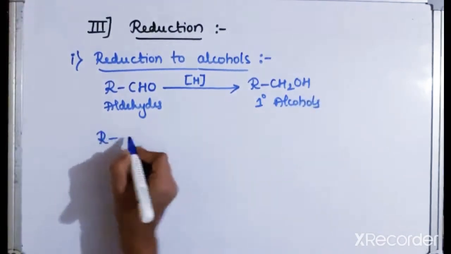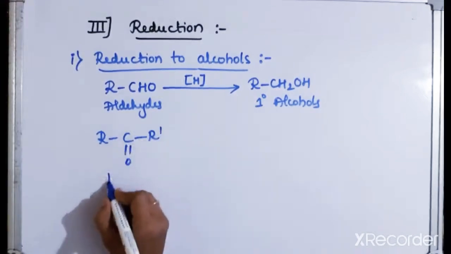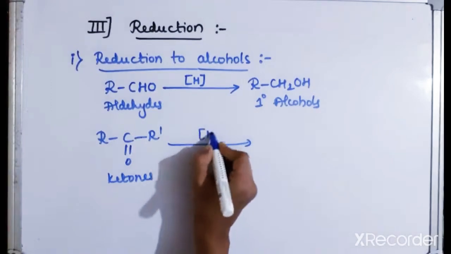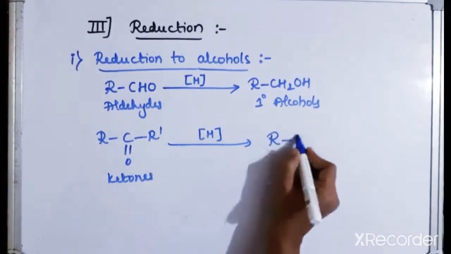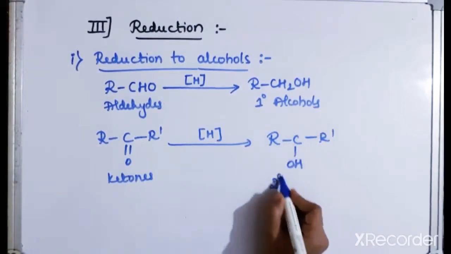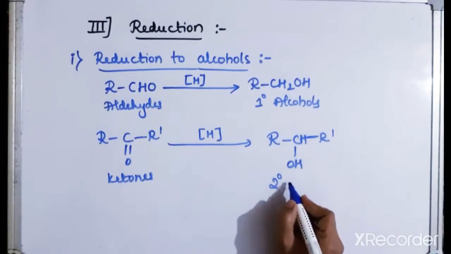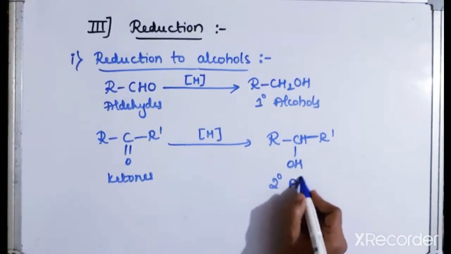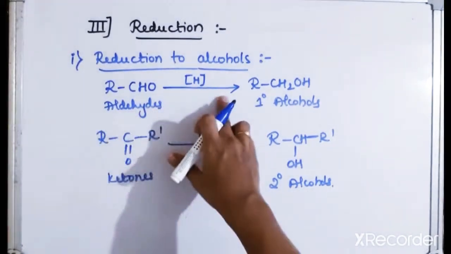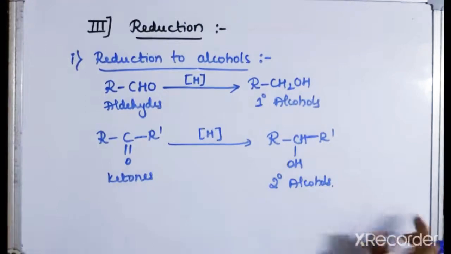Whereas ketones, represented by RCOR', undergo reduction to form secondary alcohols, RCHR'OH. So aldehydes on reduction give primary alcohols, ketones on reduction give secondary alcohols.